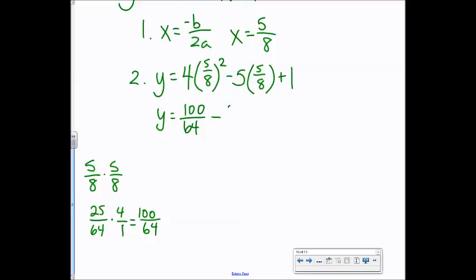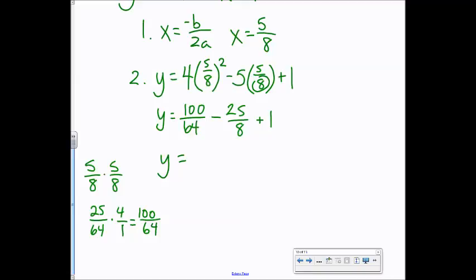Okay? I promise most of these will be whole numbers, not fractions. All right, so I would put that in my calculator to get y. And I end up getting y equals negative 0.56.